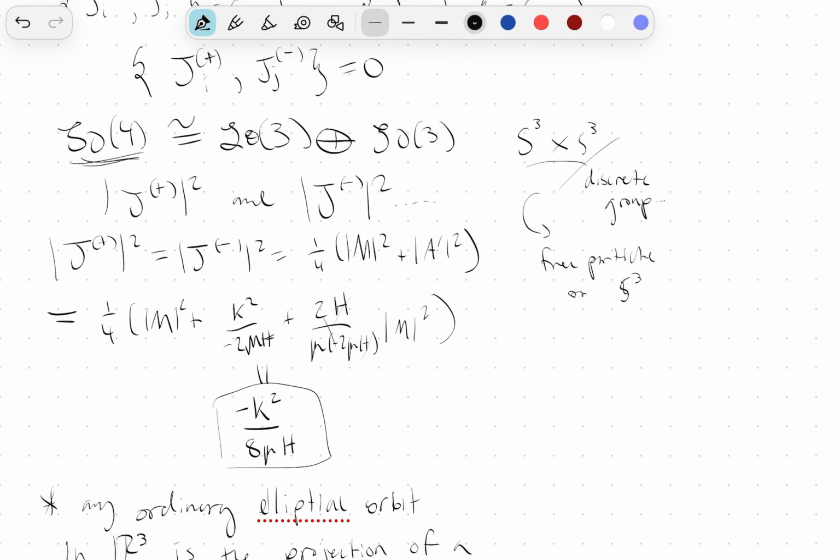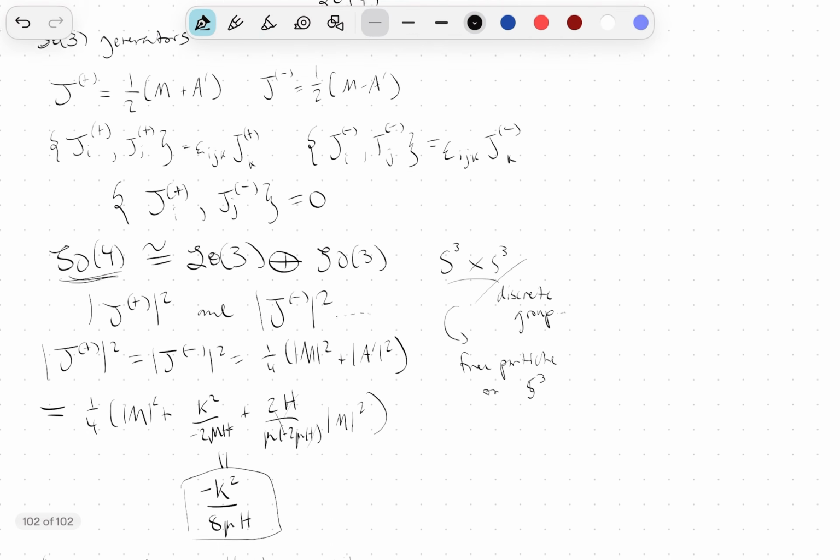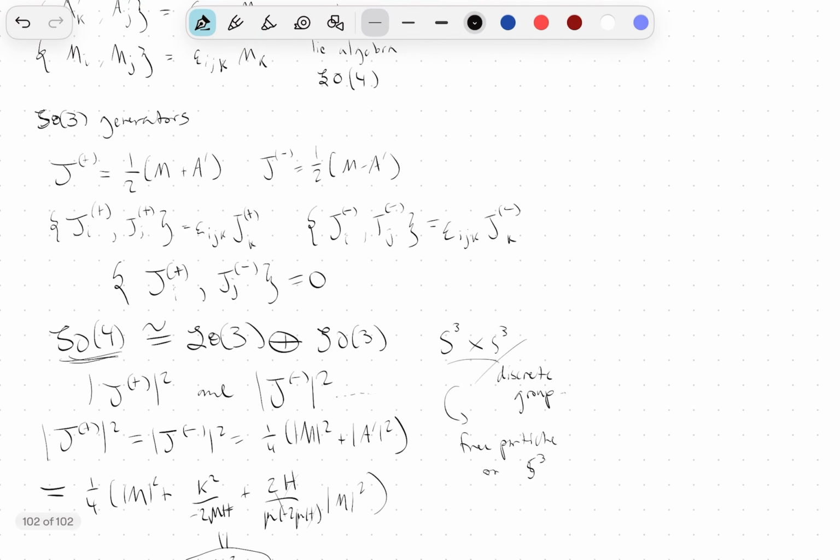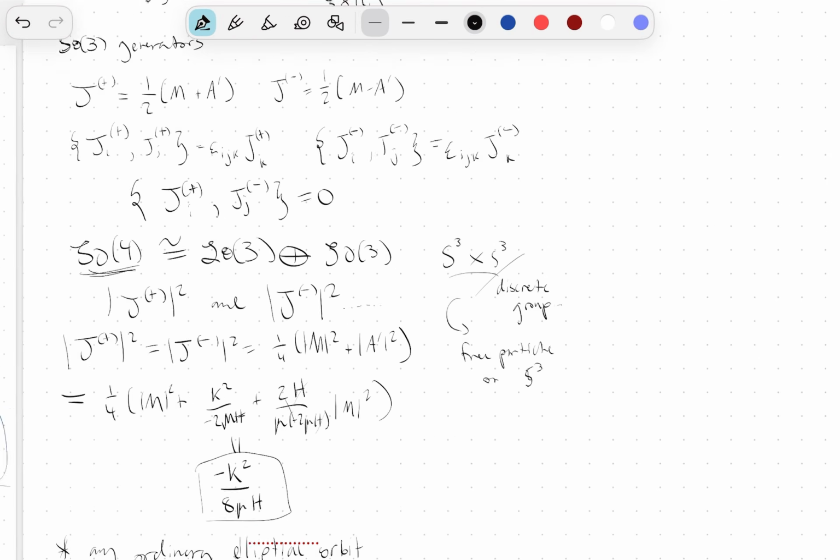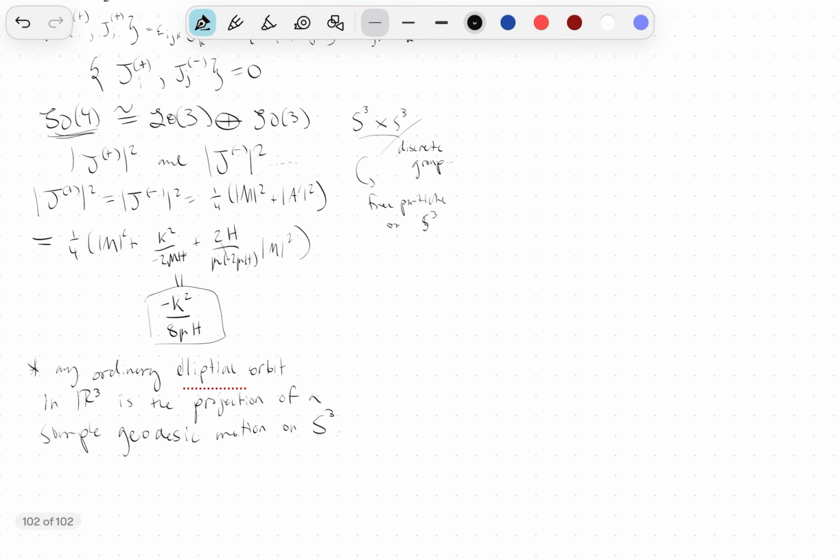And that extra conserved vector that we talked about, A, is just a remnant of a higher dimensional symmetry that becomes manifest after you remove the redundancy of the full two-body description.